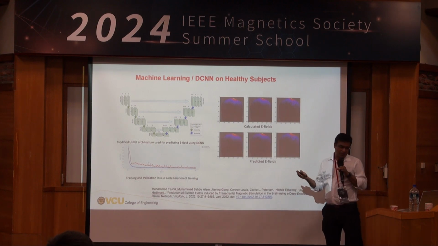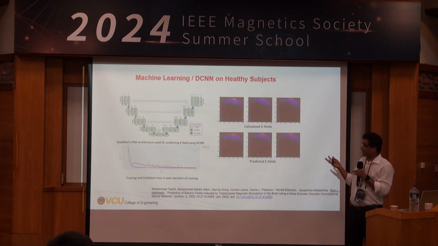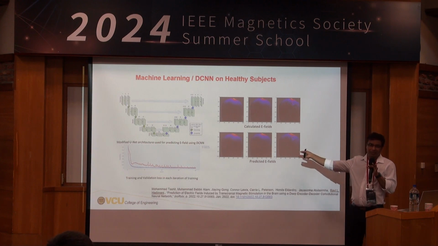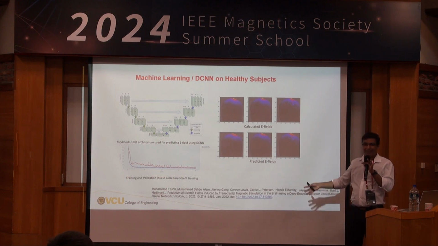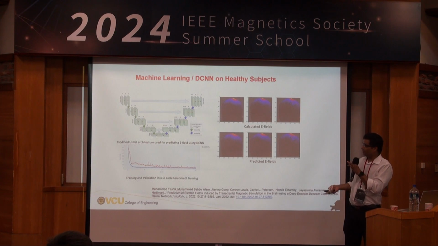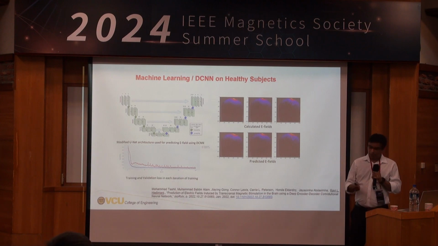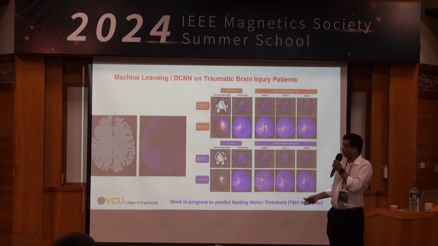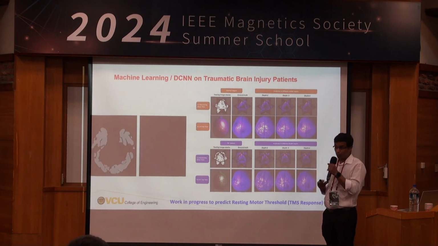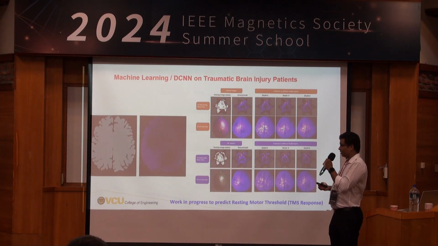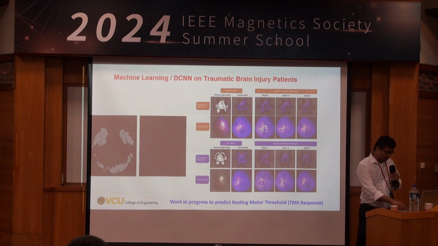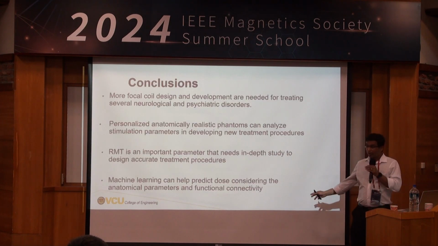So we are using machine learning to predict. We give all these parameters, and we have so much data. We train our machine learning models and predict first the induced electric field, just using the anatomy, and then we use functional states also as one of the input parameters for predicting the dose. And that is still work in progress.